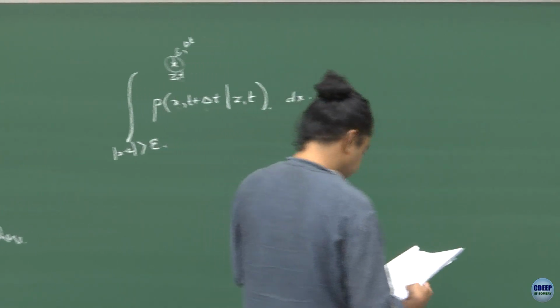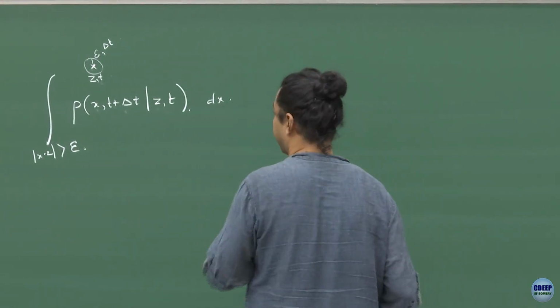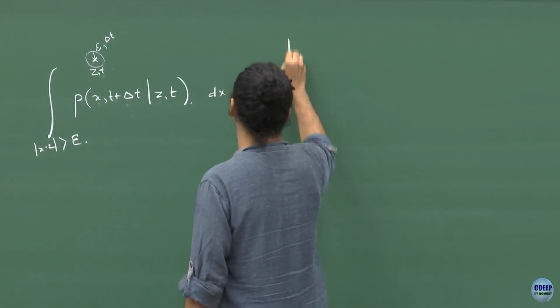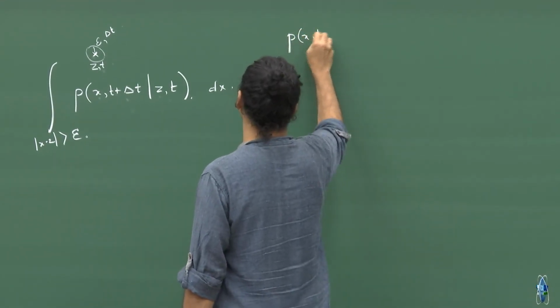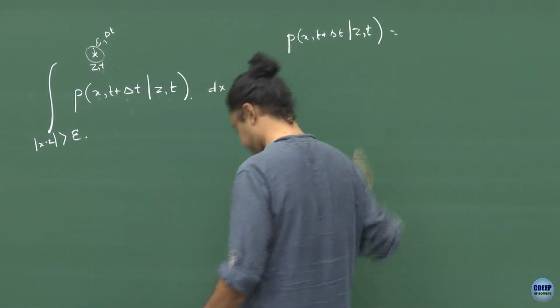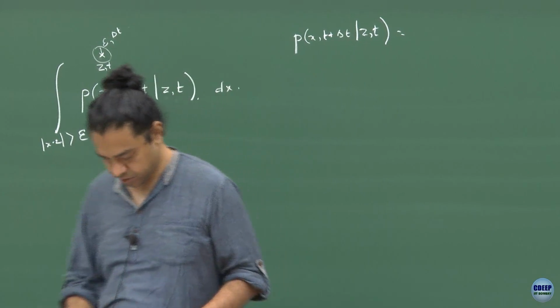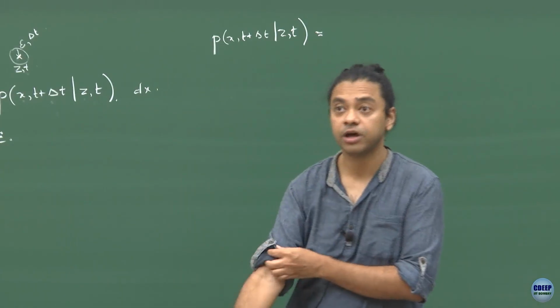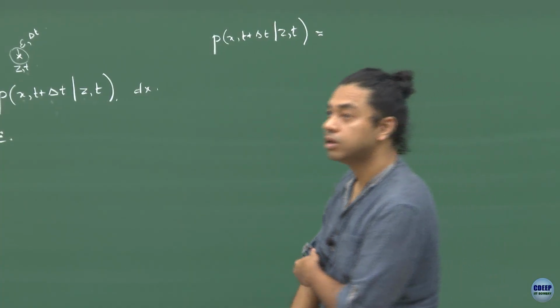Because this is a diffusing particle, I know this probability distribution, right. So, I know what p of x, t plus delta t given z comma t is. What is the form of this probability? Gaussian.